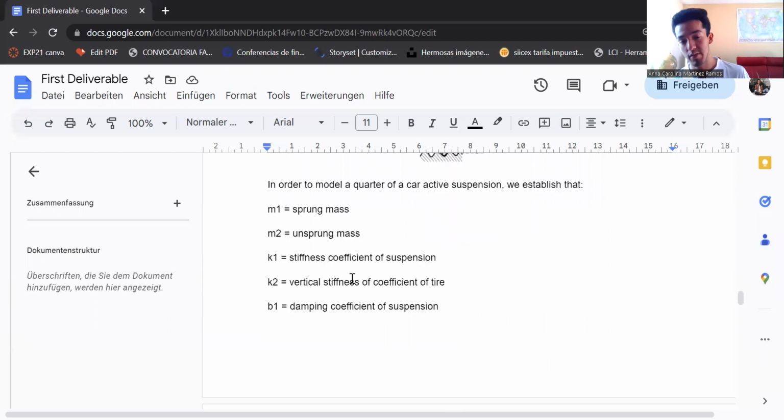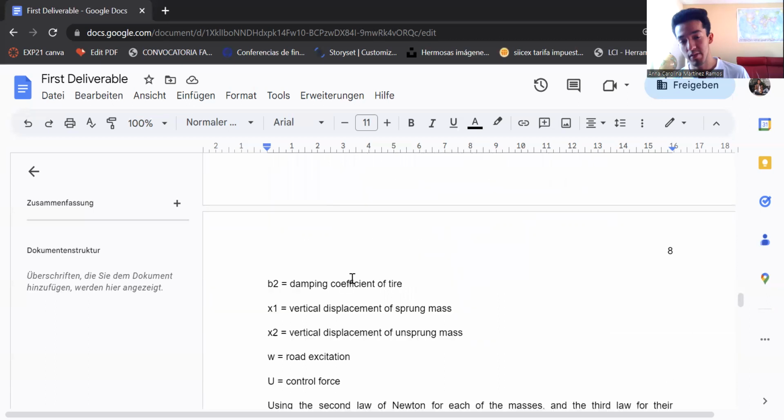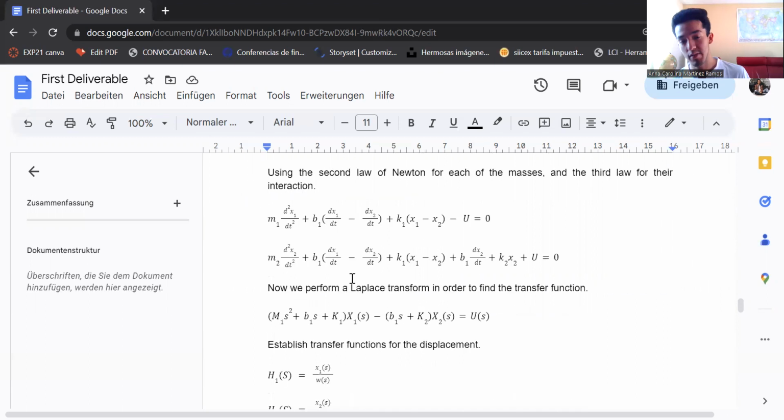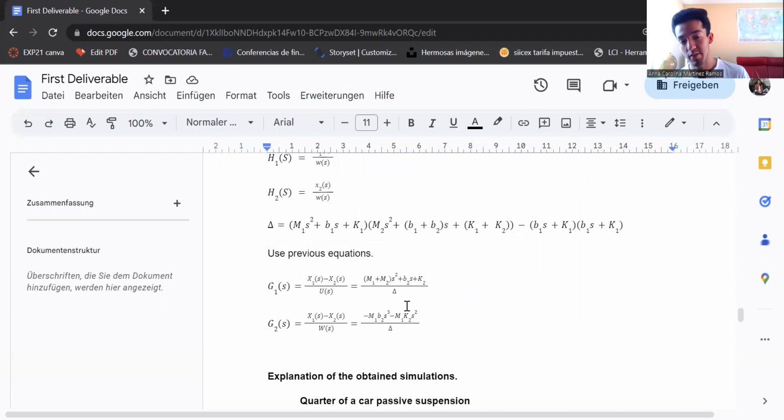And once we have all the differential equations, we apply the second law of Newton for each of the masses and the third law for the interaction, and we are left with this. And now with this equation, we do the Laplace transform to find the transfer function and establish transfer functions for the displacement. And using the previous equations, we are left with these two.